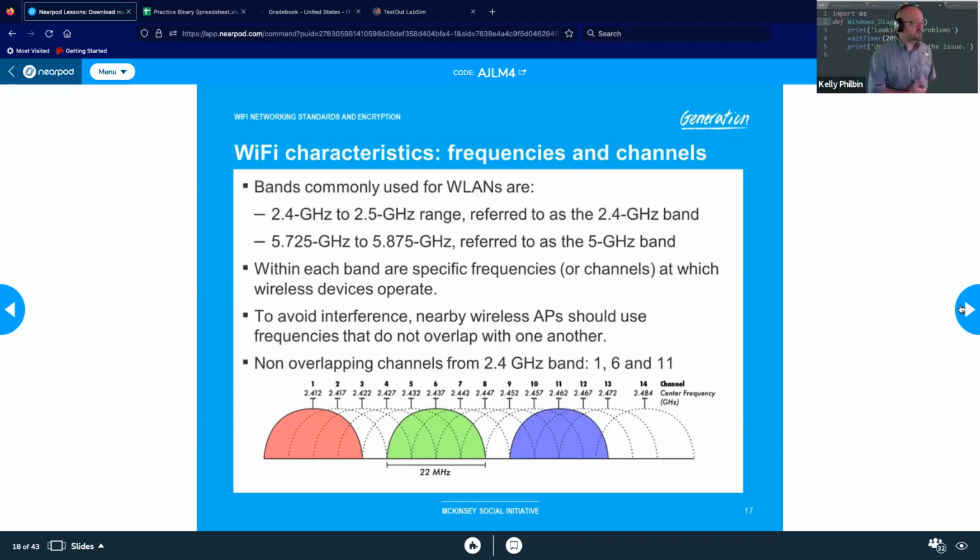You have the 2.4 gigahertz bandwidth, and you have the 5 gigahertz bandwidth, and then more recently they've added 6. 2.4 gigahertz has 14 channels that you can utilize. Unfortunately, as we can see in the picture here, they overlap a lot, which can cause crosstalk, interference, bad data flows.